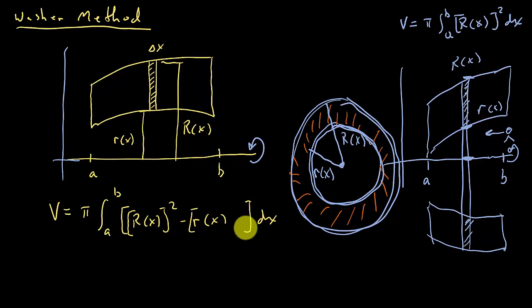And that's exactly what we have here with the washer method. Okay? So I've got the radius of the larger circle squared times pi. Okay? So that's this radius squared times pi. That gives me the area of this larger circle minus, look, the radius of the smaller circle.